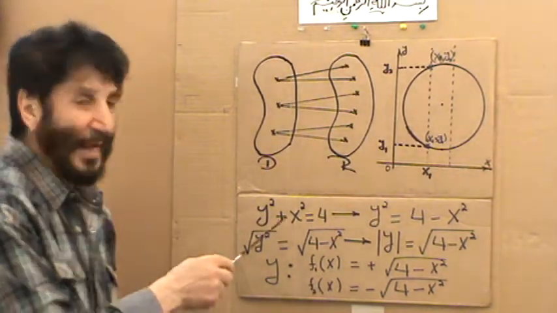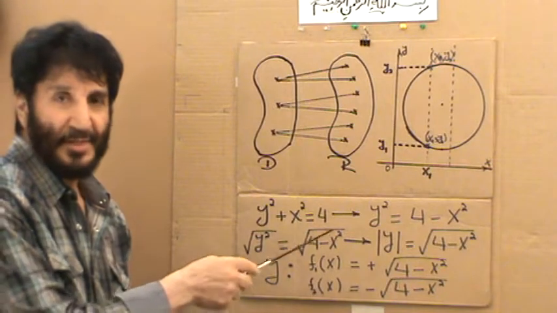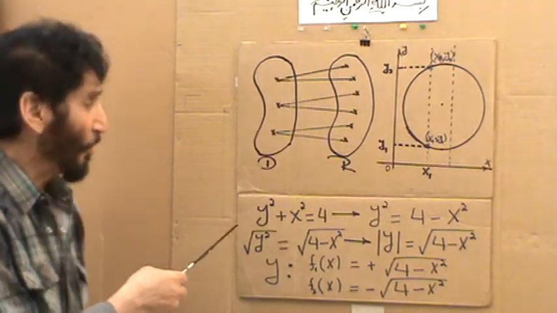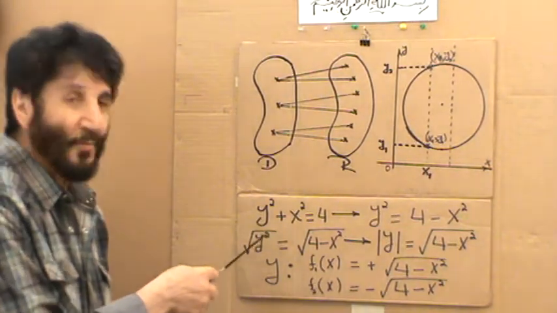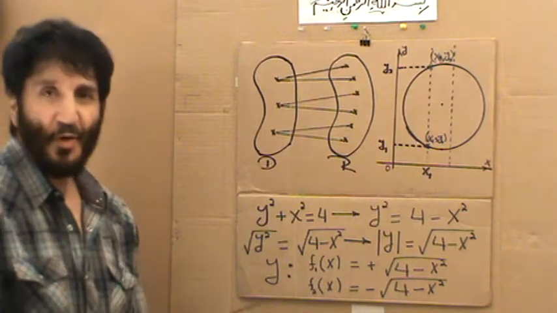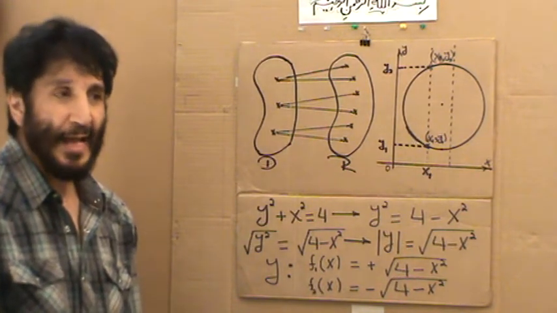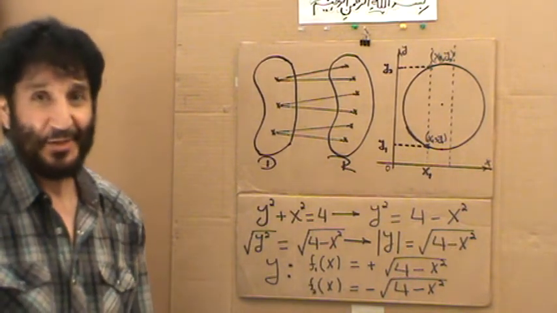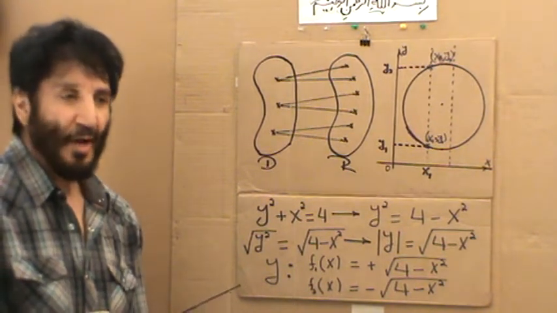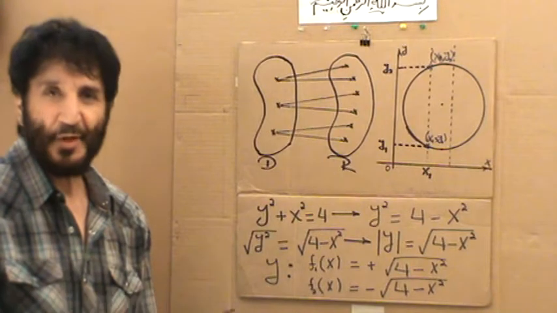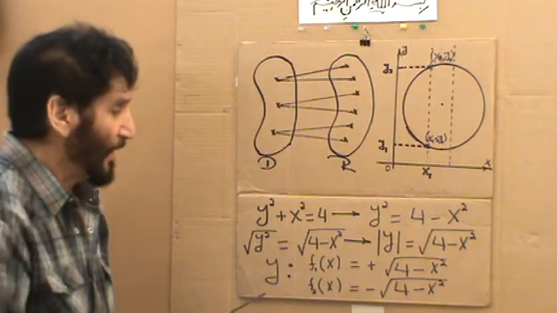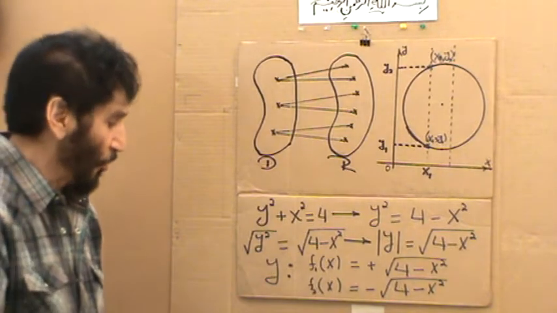I have gone through the algebraic process for that. You can pause and write it down. Also here, when I took the square root of both sides for the algebraic manipulation, the square root of y squared is equal to the absolute value of y, not equal to y. Students do have difficulty with that, so I will mention a few words about this before the end of the lecture. Okay, so far so good.